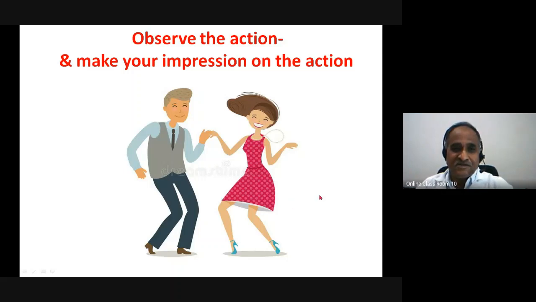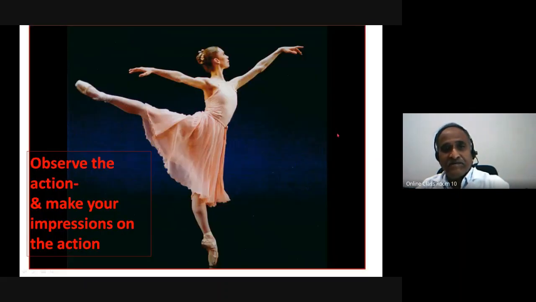So these are a couple dancing, trying to synchronize each of their footsteps, and enjoy. This is one of the ballet dance scenes. You just see that she's there on the tip of the toe.